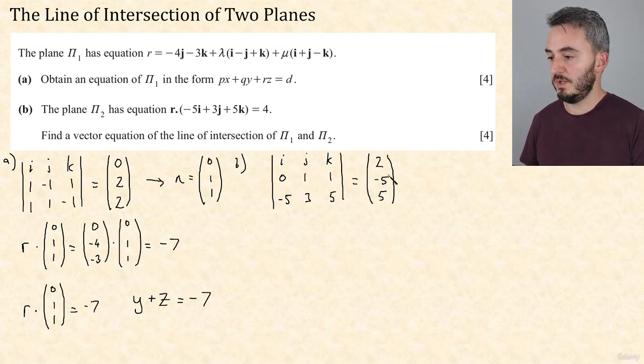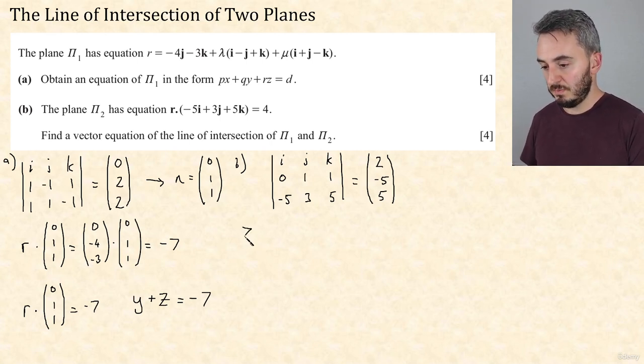And now I just want a point which is on both planes. It's actually relatively easy here, because if I just set y or z to something, the other just follows because it has to be on this plane. So this is actually a pretty easy example of simultaneous equations. If I just say, for example, z equals 0, that means that y must equal minus 7. That guarantees that it's on this plane.